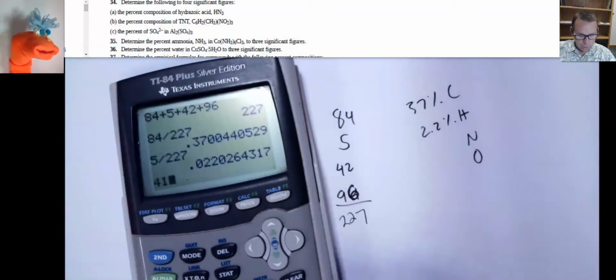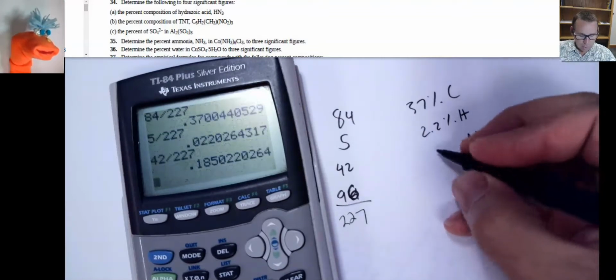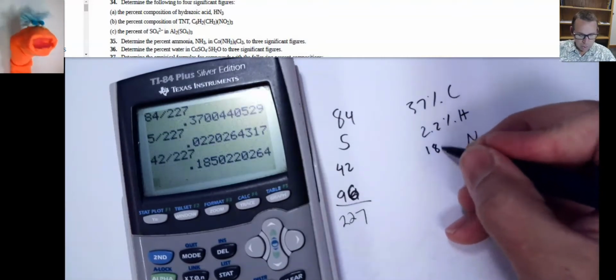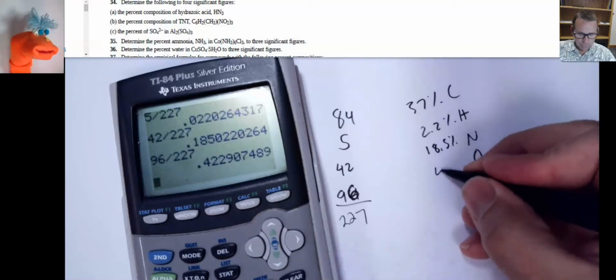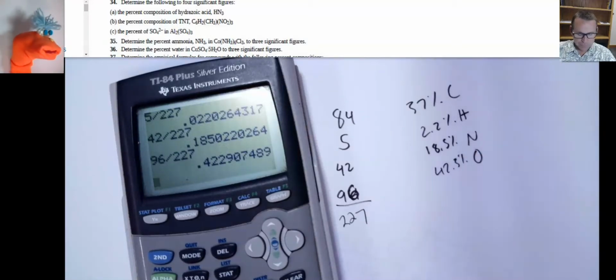And then 42 divided by the 227, 18.5% nitrogen. And then 96 divided by the 227, 42.3. Okay. All right. So we didn't really do 4 significant digits there, but you get the idea. You just put in more values if you want to do 4 significant digits.